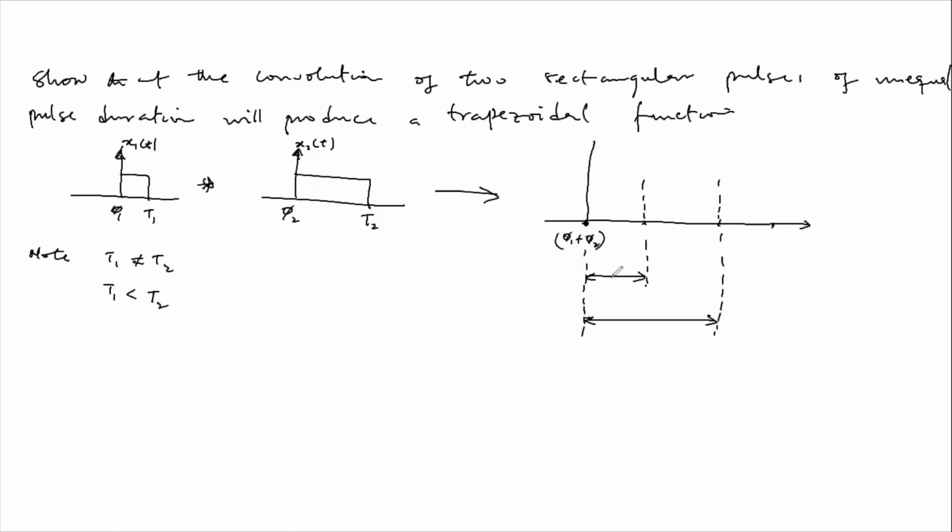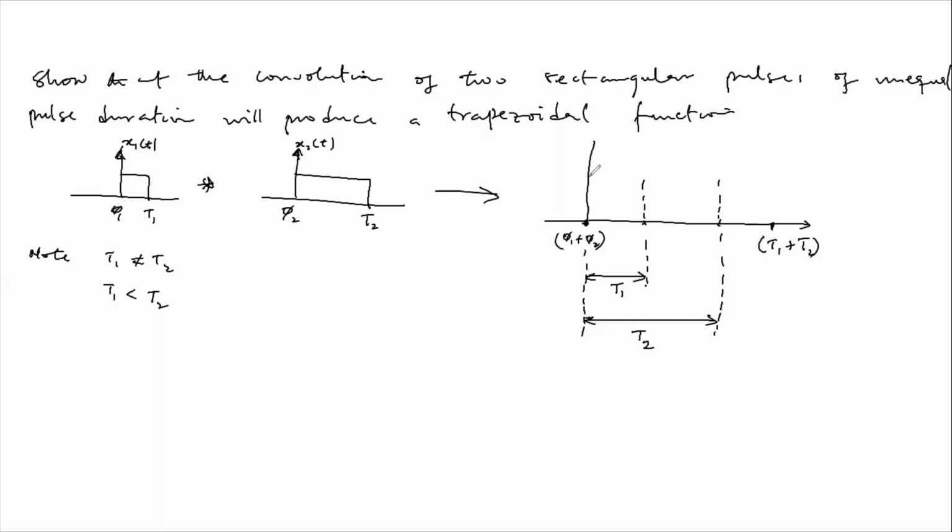From the origin, this is the shorter duration, which is T1. And this other point is the larger duration, T sub 2. While this third point here is the sum of both durations, T1 plus T2.